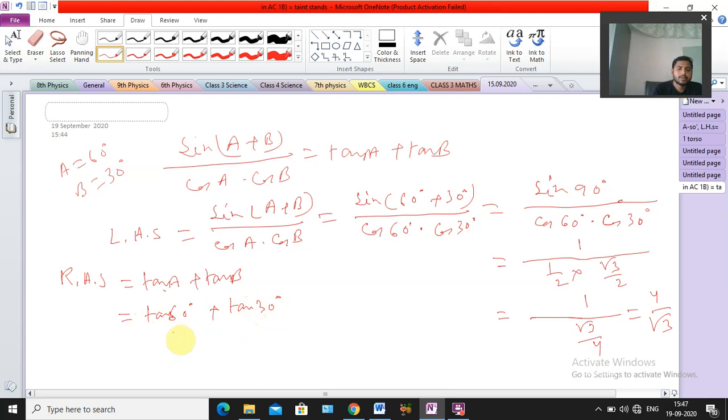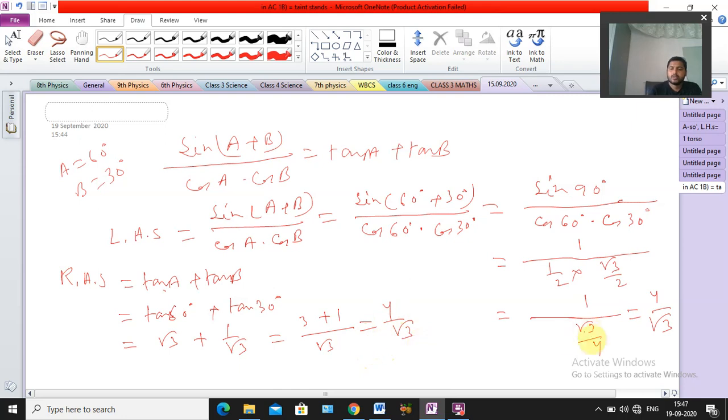Tan 60 degree is root 3 plus tan 30 degree is 1 by root 3. Just do a little simplification. The LCM will be root 3, and the numerator is root 3 into root 3, 3, plus 1. So 3 plus 1 means 4 by root 3.